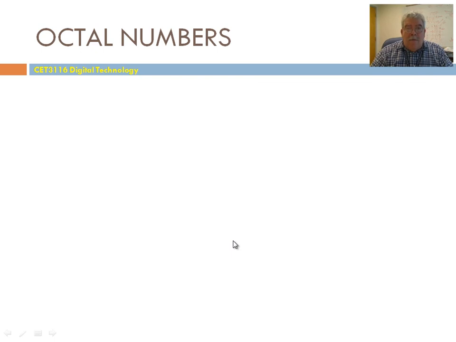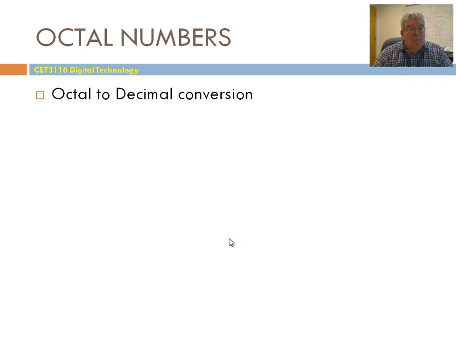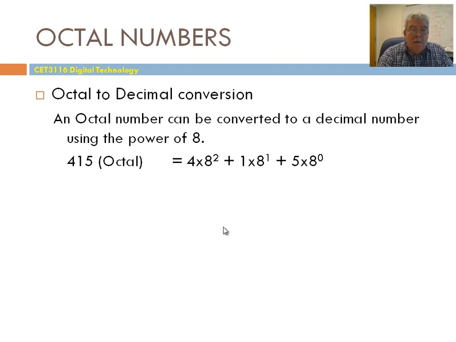All right, let's see how we convert octal to decimal. If we want to convert to decimal, remember all we need to do is take each one of the digits and plug it into either the positional notation or the polynomial, and make the calculation. This is straightforward.